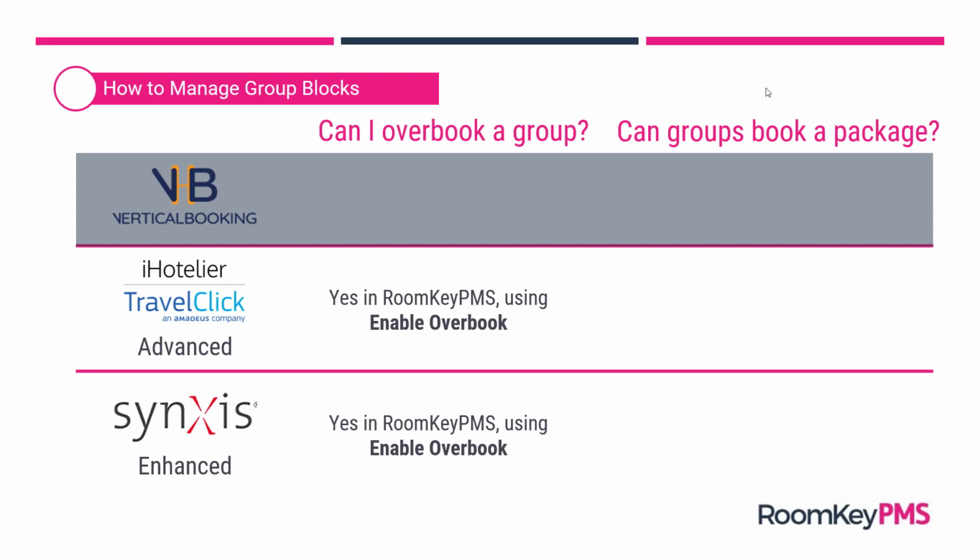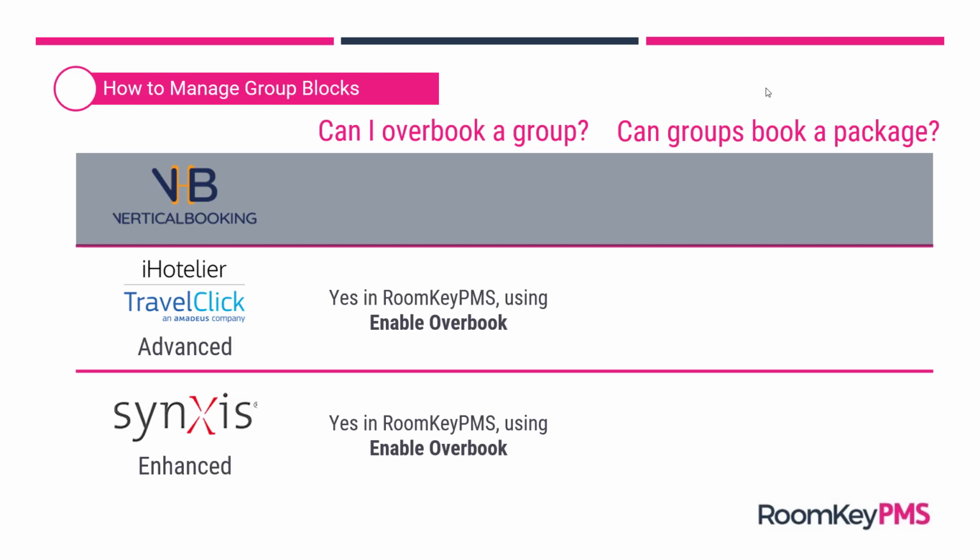Now, if your package has been mapped, in RoomKey you can attach a package rate in the groups module, but these connectivity partners do not accept package rates pushed through with a group.